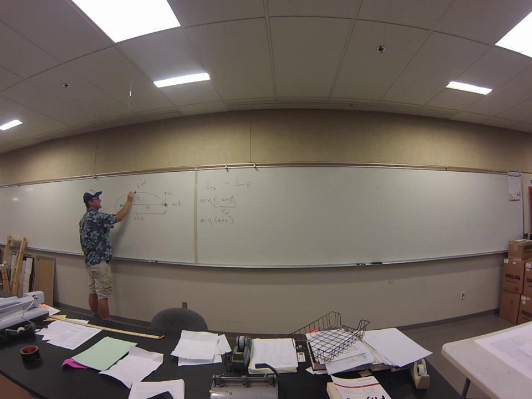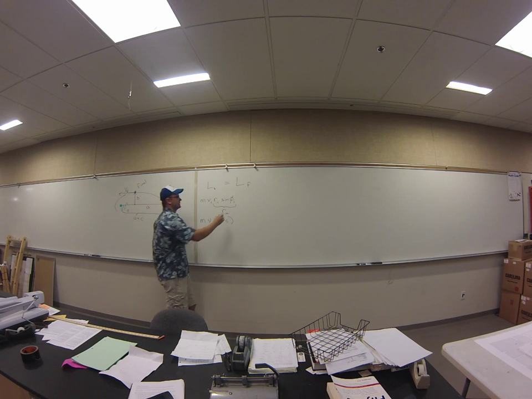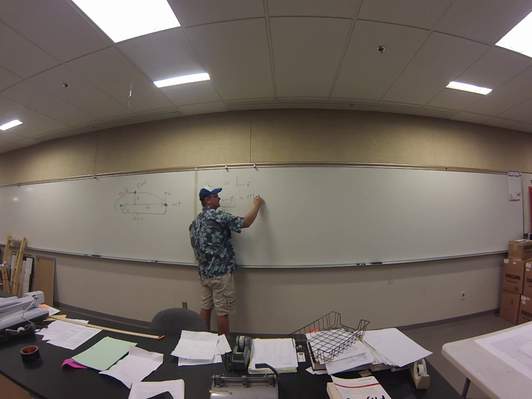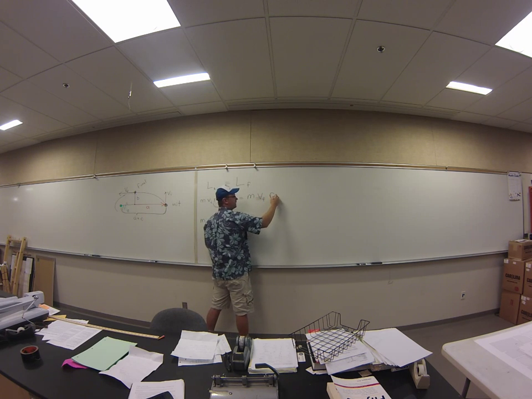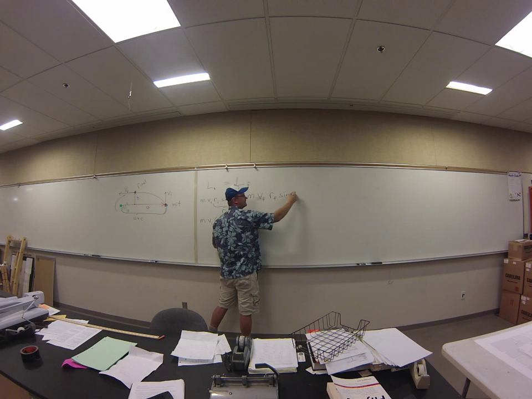In the final state, it's moving this way. It's getting closer to the planet. What do you think? Is it going to speed up, slow down, or stay the same speed? Probably speed up. So let's call this V final. So now we can write this is equal to m v final R final sine phi final.